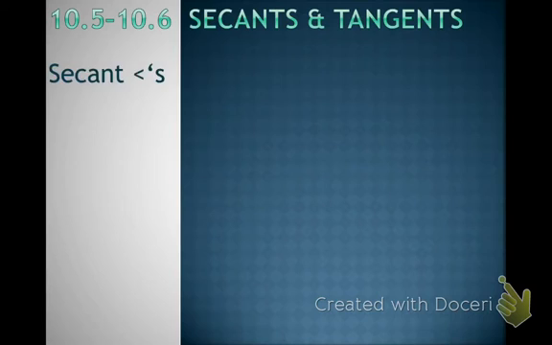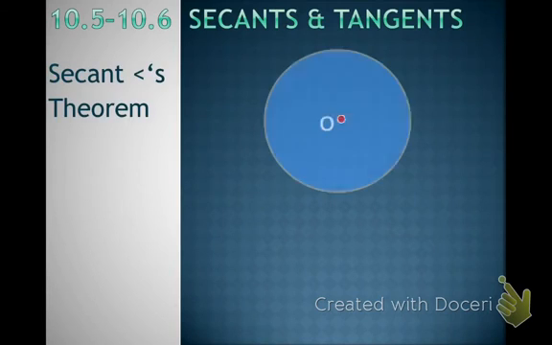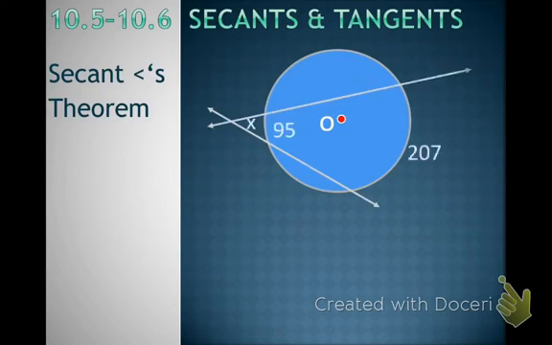If we want to try a quick example of that, let's say that these angles intersect outside of our circle, and we're given the two arc measurements of 207 degrees and 95 degrees. Just like we'd done before, the measure of angle x is going to be equal to 1/2. This time we are taking the difference of the arcs because that intersection happens outside the circle.